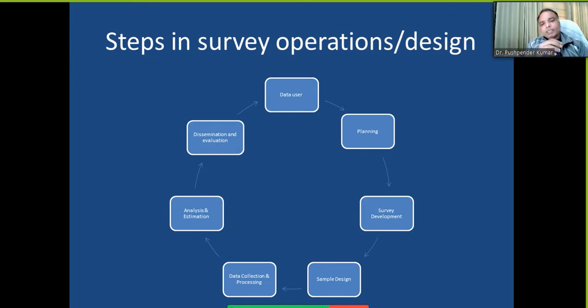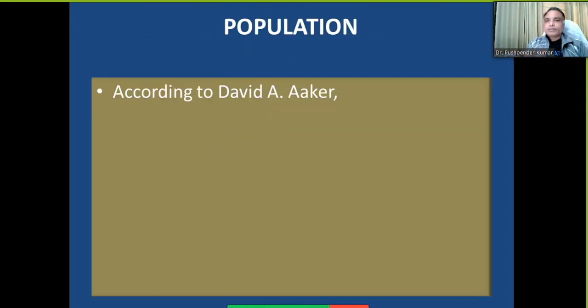Developing a survey, sampling design, who would be our respondent, should I go to each and every employee and collect the information? That would be a sampling design. Collect, analyze information, and then tell that because of this issue employees are leaving our organization.